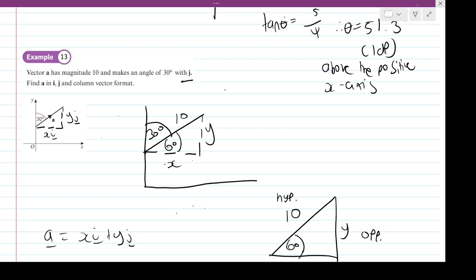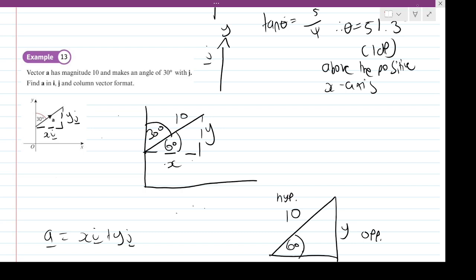But when we're dealing with vectors, it's the angle between two vectors. So they're a bit funny with it. But all you've got to remember with this sort of thing is that j represents the y-axis essentially. So an angle of 30 with j. This is effectively j, the j vector. It just goes straight up. That's the y-axis effectively, you can think of it like that.